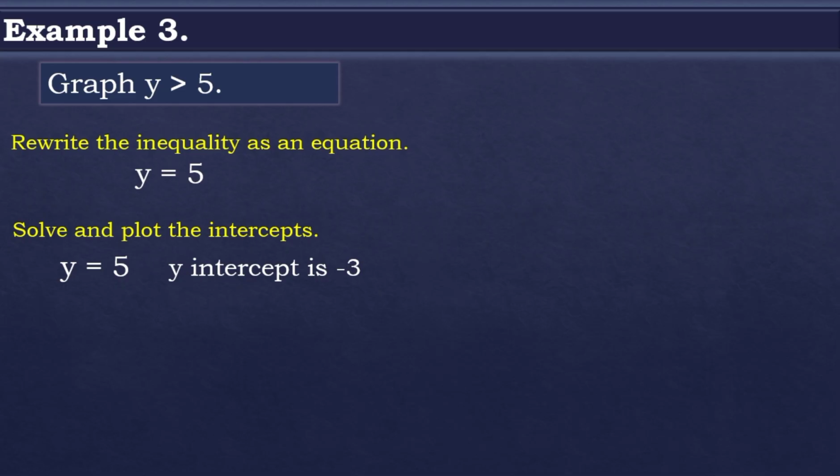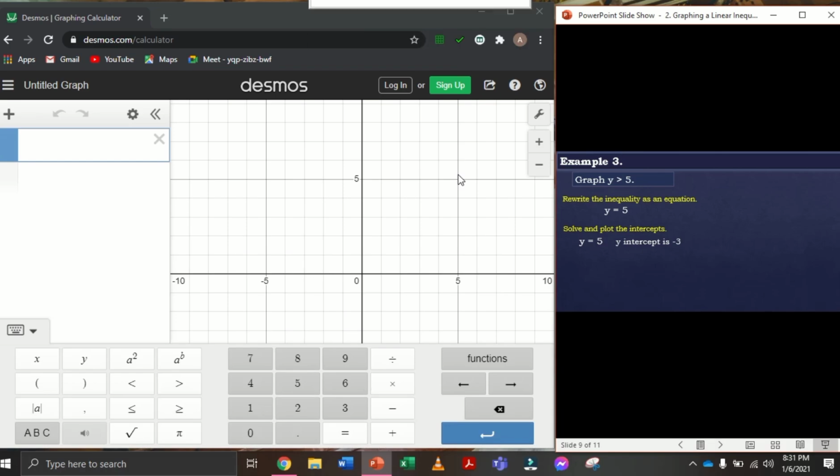Ganun din po kapag x naman ang given dyan, wala ka namang y-intercept. So, paano mo siya gagawin? Punta tayo sa Desmos. Okay. Kapag ganito na y lang po yung given, automatic wala kang x-intercept dyan. Ibig sabihin, kung y-intercept lang yan, ang line mo ay magkocross sa y-axis. It will cross your y-axis.